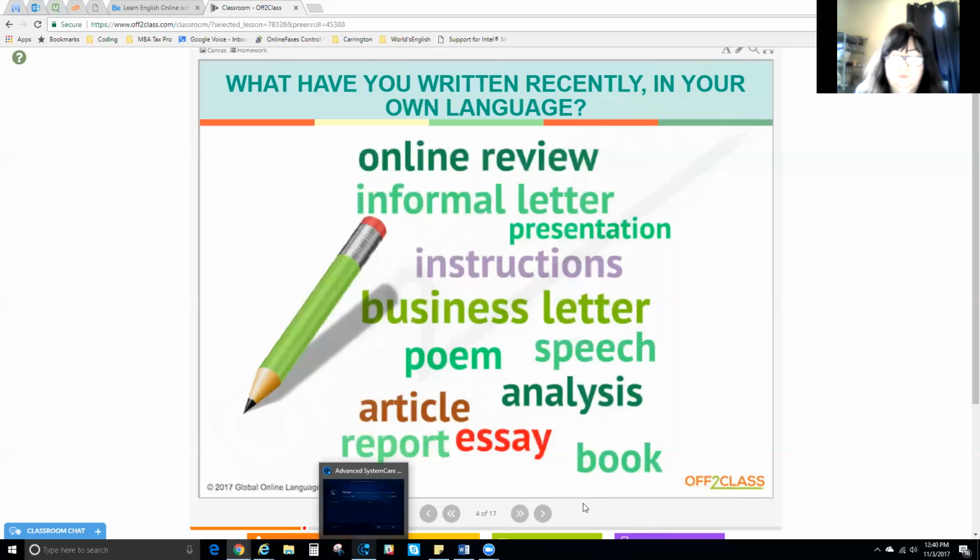So oftentimes it's for immigration to an English-speaking country. So we all have our various reasons.